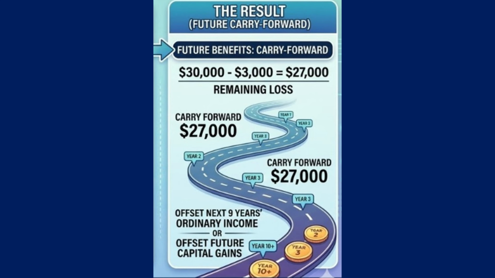So you subtract $3,000 from his $300,000 income, and he's only taxed on $297,000. It ends up being a savings of about $1,110 in tax liability. But the good news is that $27,000 can be carried forward into future years when he may have capital gains from other investments.